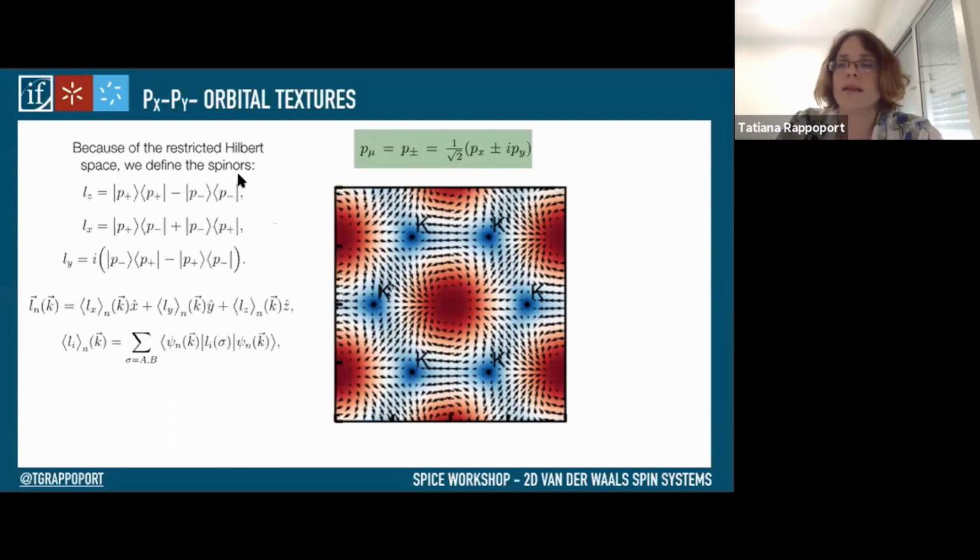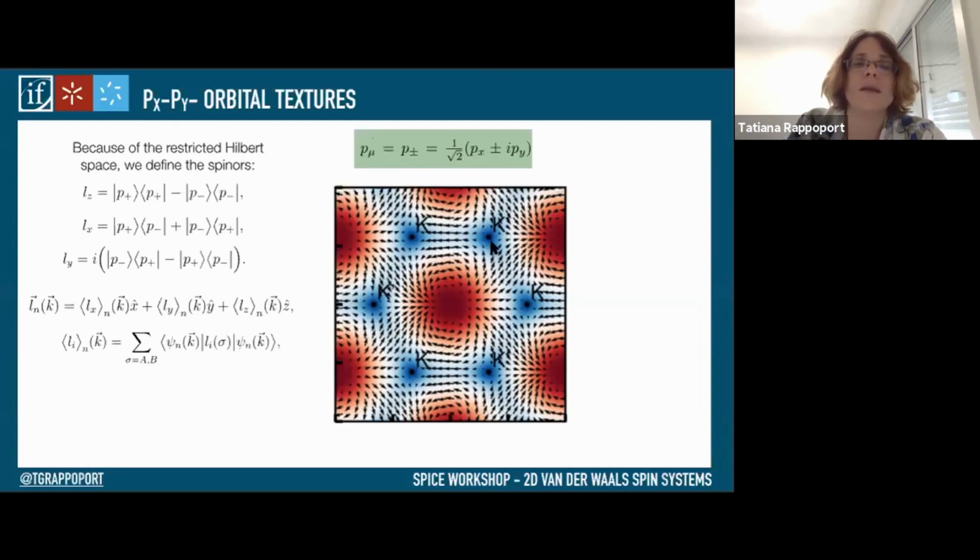We cannot define the algebra for L, but still we can define spinors, and in this reduced space, this spinor has a texture that's presented here. And if we notice, the color indicates the Lz orientation, the out-of-plane orientation, and the arrows are the in-plane texture.